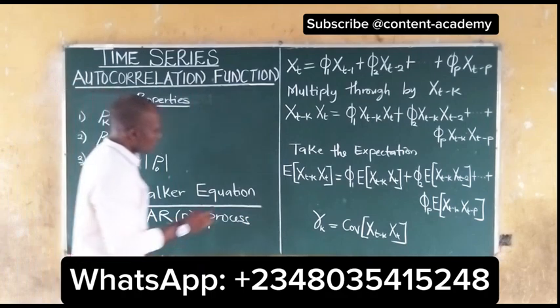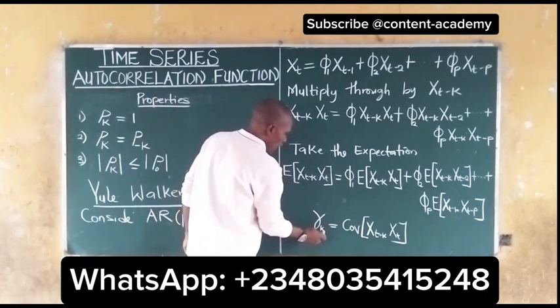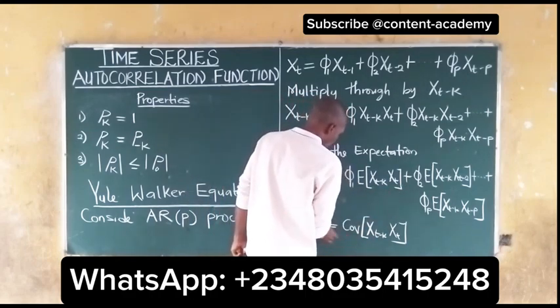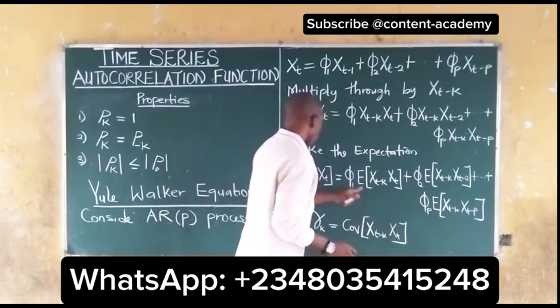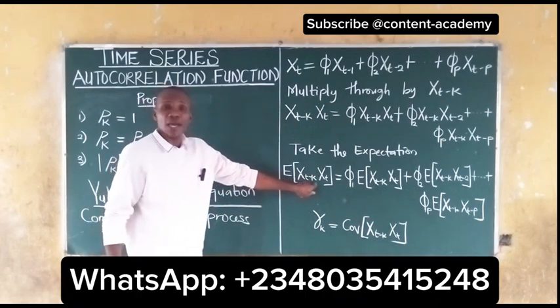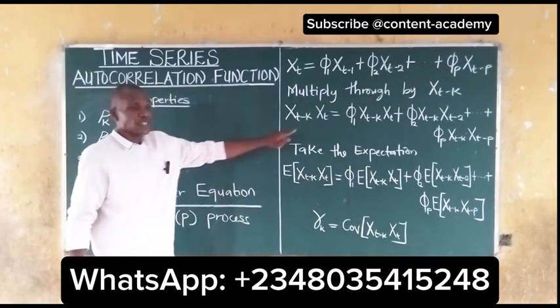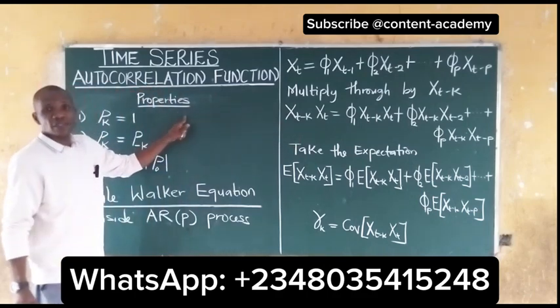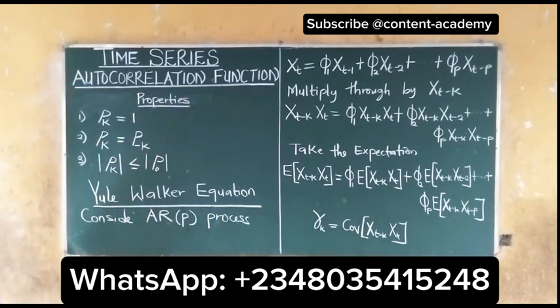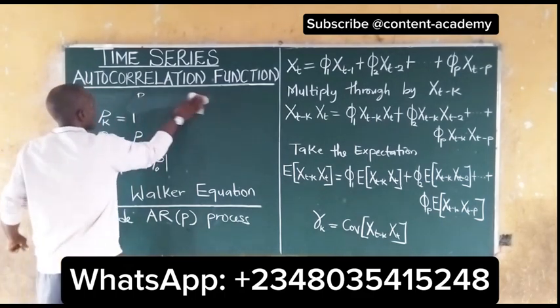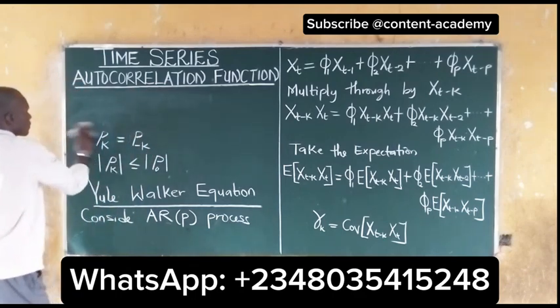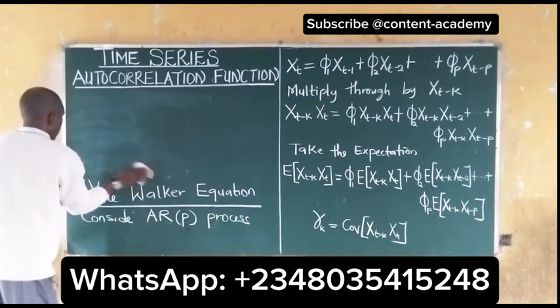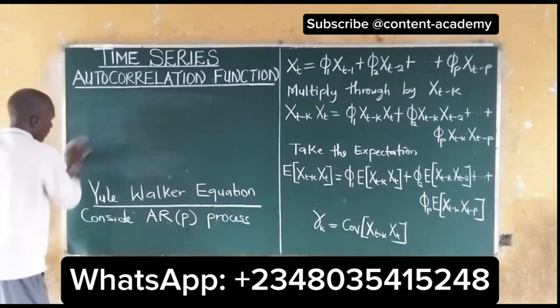So wherever we see this, we put our Rk, because this is also equal to the expectation of this and this. So the next thing to do is to move over to this side of the board.